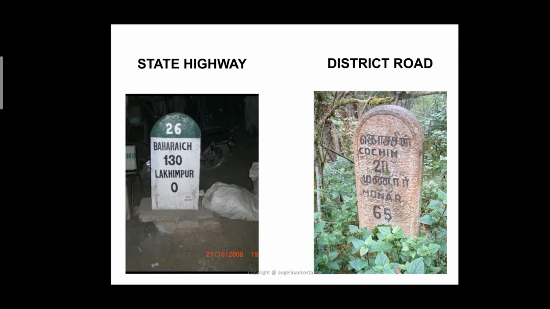The second district road milestone we can see is Cochin. 20 kilometers away, and Munnar 65 kilometers away from where this milestone is.